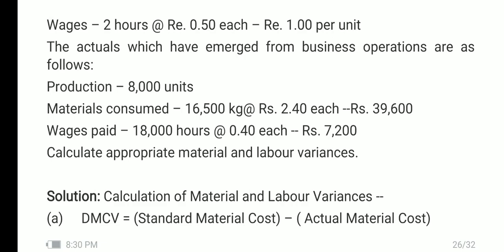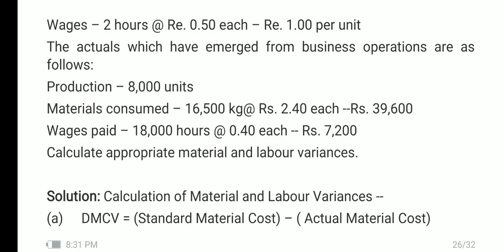It means that actual material price paid per kg is rupees 2.40 and 16,500 kgs have been used. Naturally, direct material cost, actual material cost, is 39,600 rupees. Actual wages paid, that is actual labor cost, readily given 7,200 rupees.